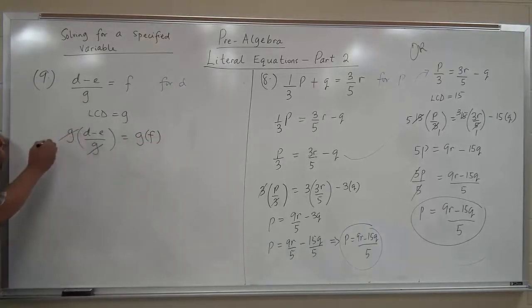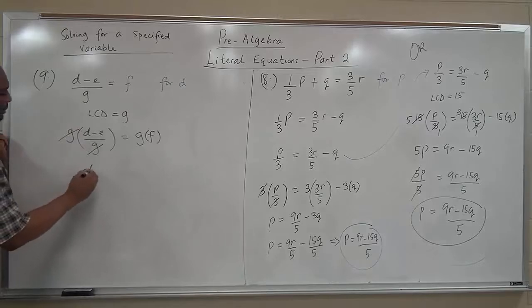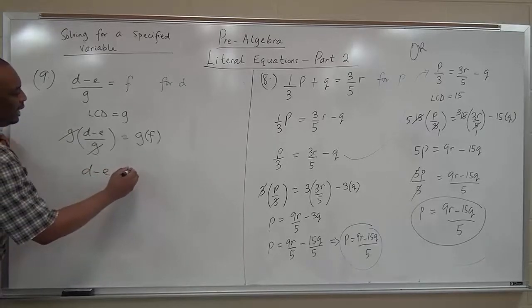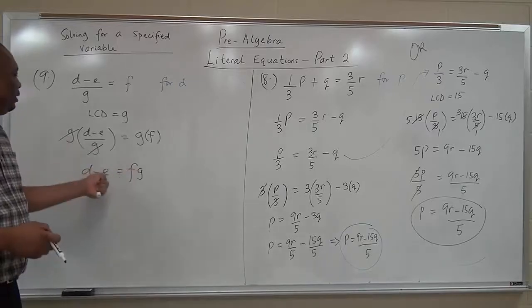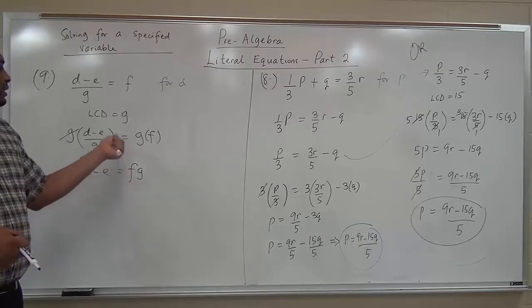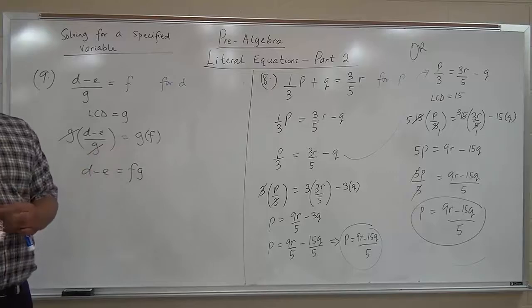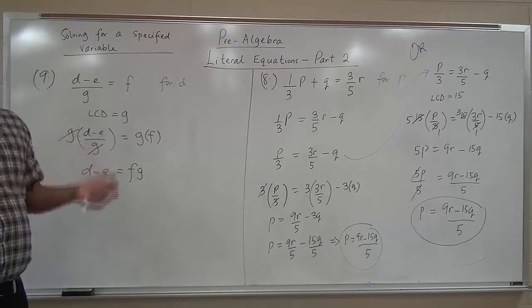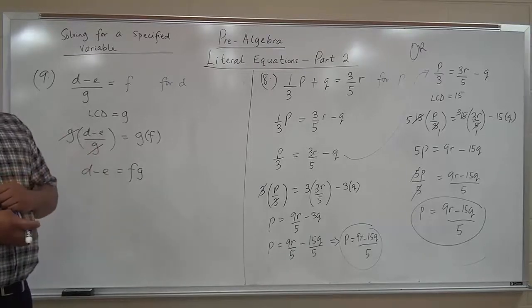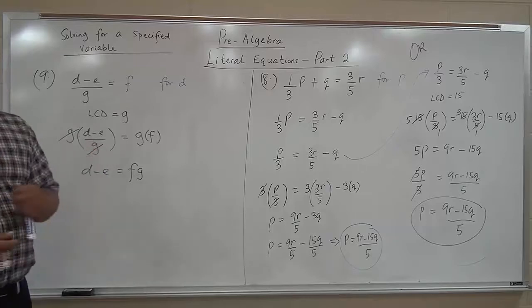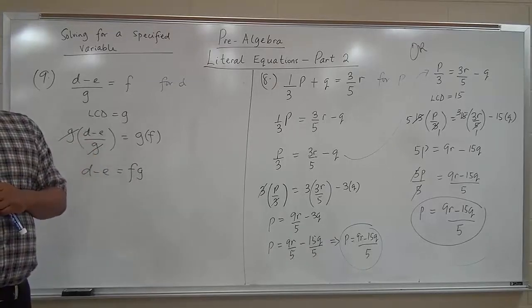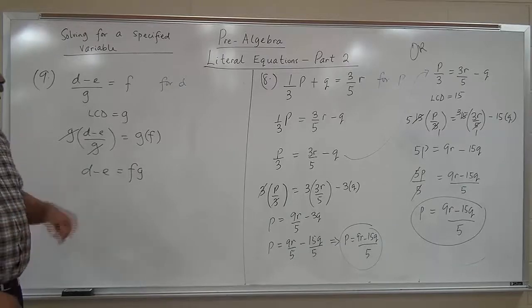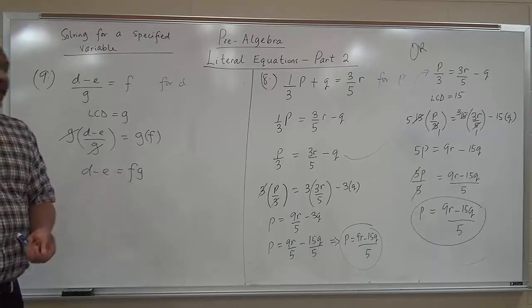So G divides G, gone. D minus E will now be FG. Instead of saying GF, you say FG. It doesn't mean that GF is wrong, GF is still correct, but we want to say FG because F comes before G. A, B, C, D, E, F, G. So we want to do that in order.